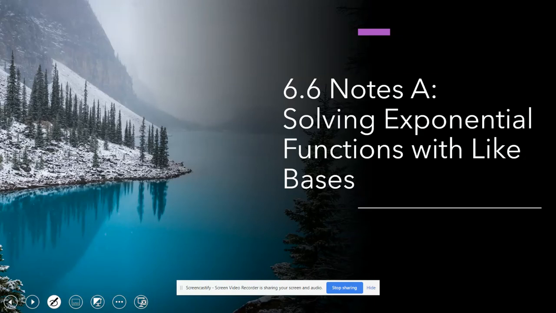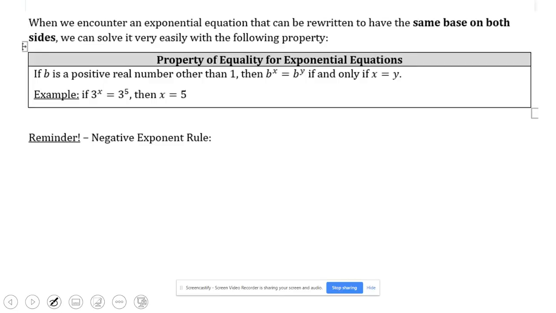We are going to finish the first half of Chapter 6 by talking about solving exponential functions using like bases. So first we need to figure out what is an exponential function. An exponential function is when you have a base and the exponent, some part of it, has to be a variable.